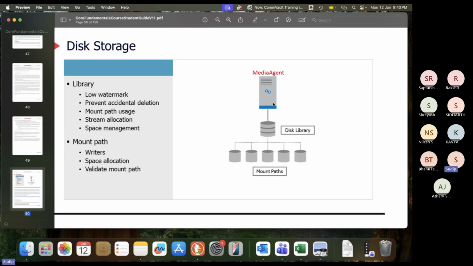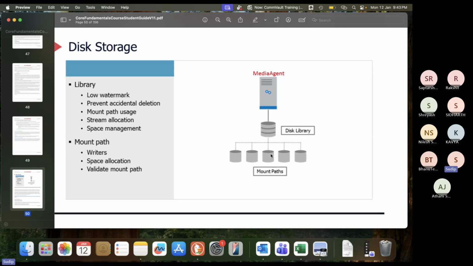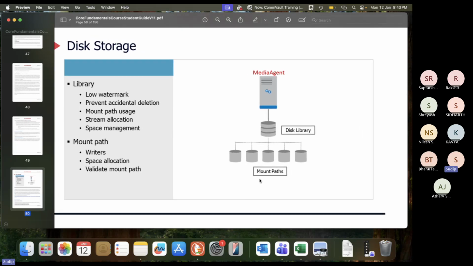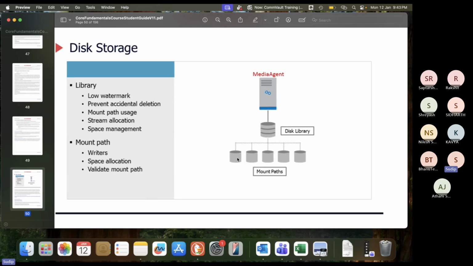Each of these ways of making the storage accessible to a media agent inside Commvault is termed a mount path. It is the path to the storage onto which the data read from the source, deduplicated and compressed by the media agent, gets stored at the destination.